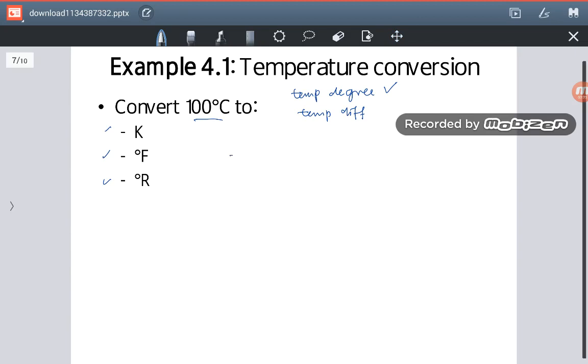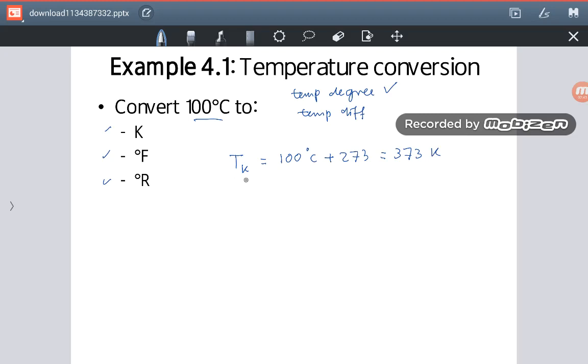So let's just do it together. Okay, for the first one, T Kelvin is equal to 100 degree C plus 273, which is equal to 373 Kelvin.